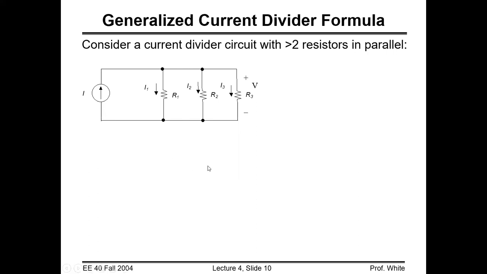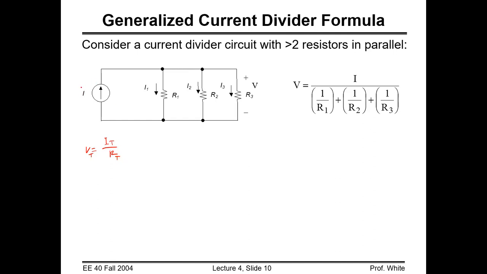Suppose we consider the current divider circuit. This is the current, and there are three resistances. We know that the total voltage is V is equal to I R, where I is the total current and R is the total resistance.